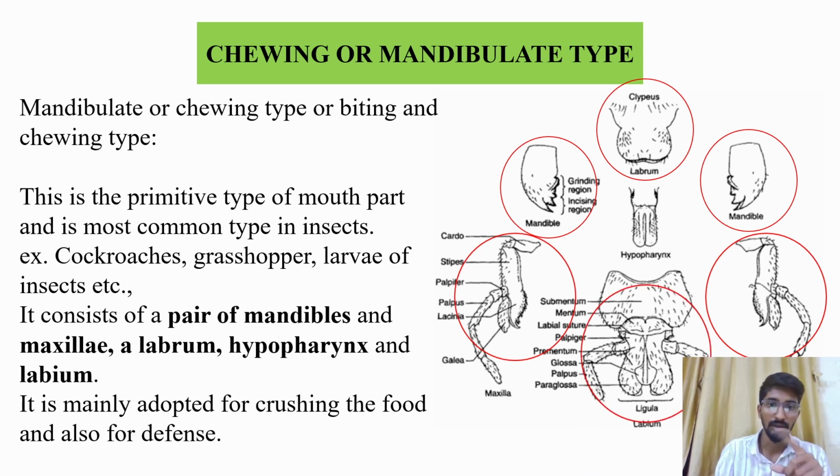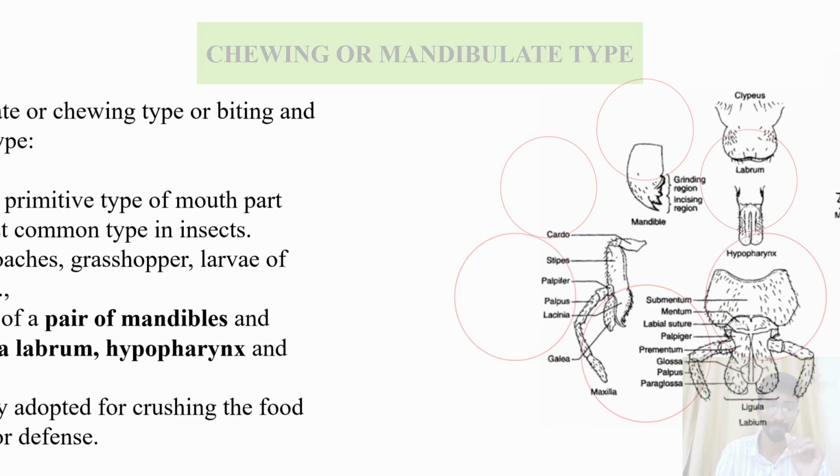These mandibles and maxillae are called jaws. Mandibles are called true jaws or primary jaws, and maxillae are called secondary jaws, and it also consists of one hypopharynx.